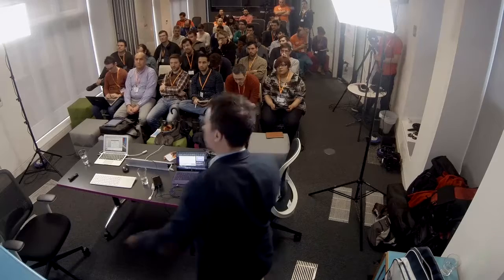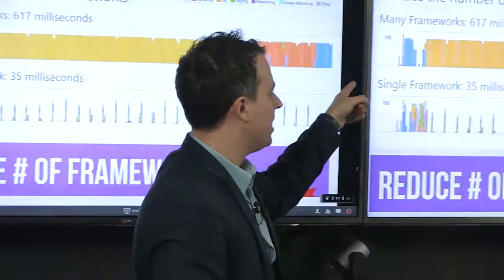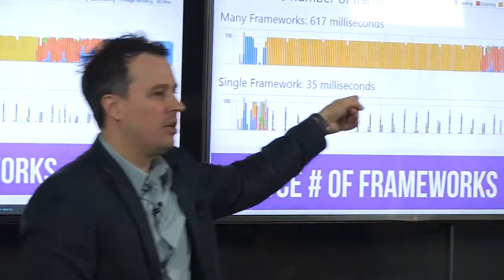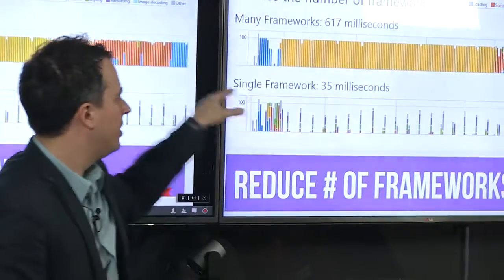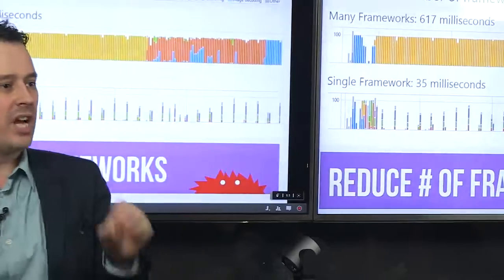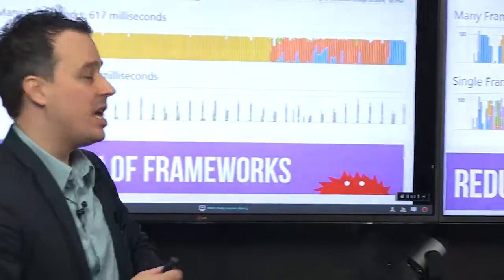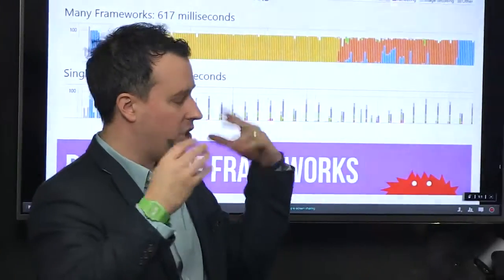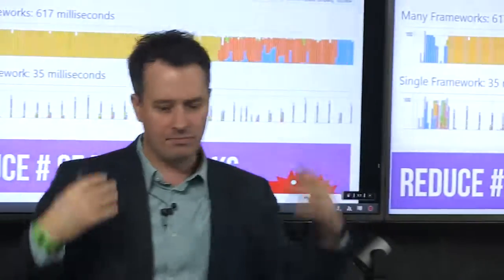What this trace means is, if you've got many frameworks versus one framework, you see the top screen has orange. Orange stands for garbage collection. And what's happening is that those JavaScript frameworks are loading into memory.